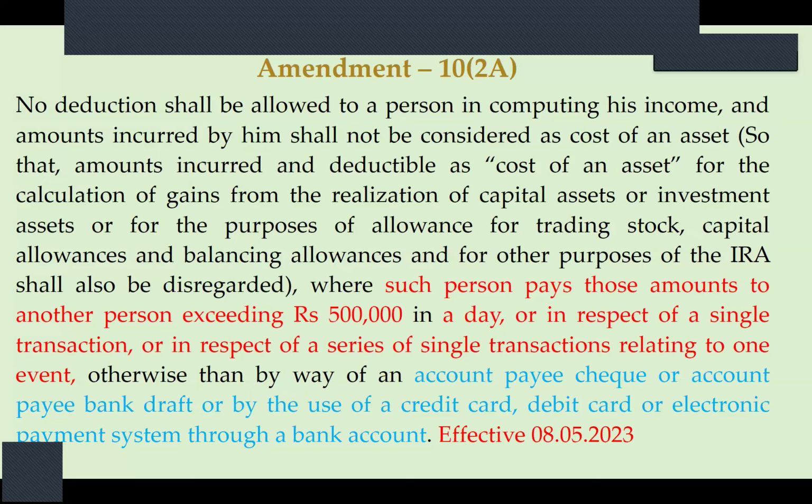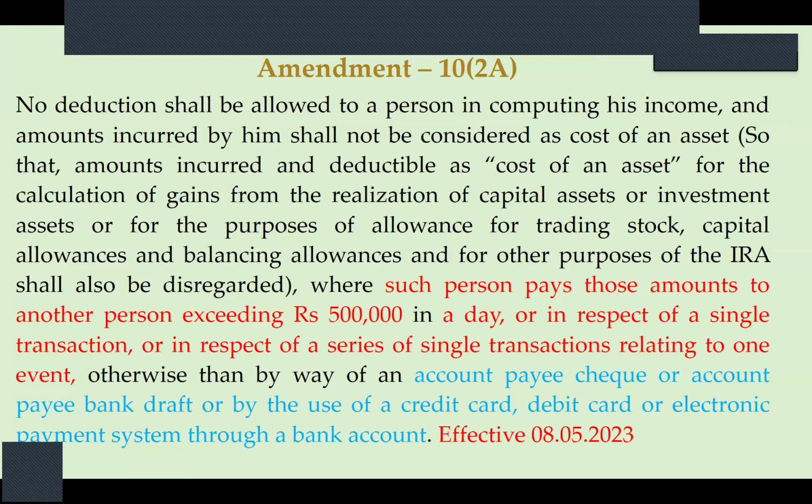Why have we included this kind of amendment? We have included it to avoid cash payments. If payments are made in cash, they cannot be traced by the Commissioner General. So therefore we have included this amendment.